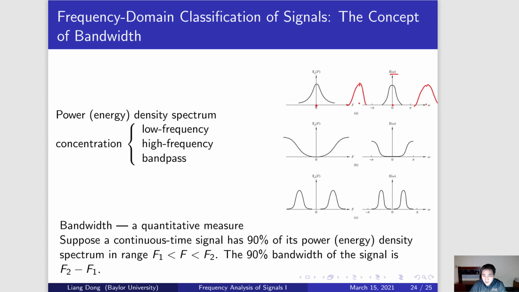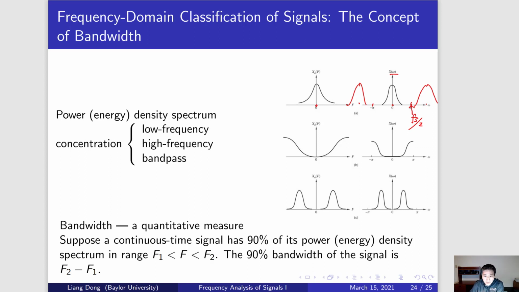So we are only looking at one period from negative pi to pi. Pi being the highest frequency that I can have in this discretized signal, which is the Nyquist rate, Fs over 2. And 0 is, of course, the DC. So in this case, that is my low frequency signal.